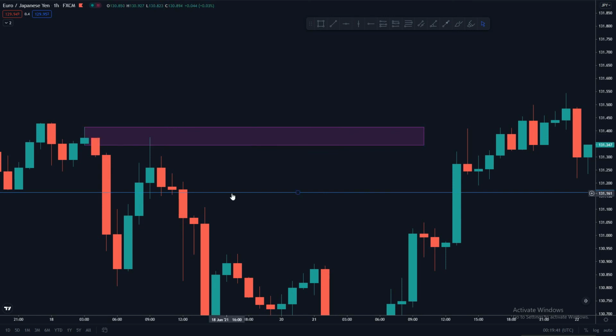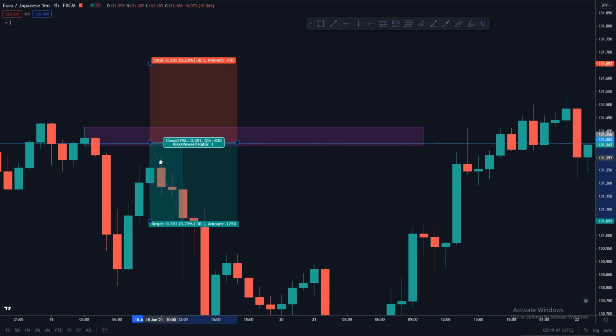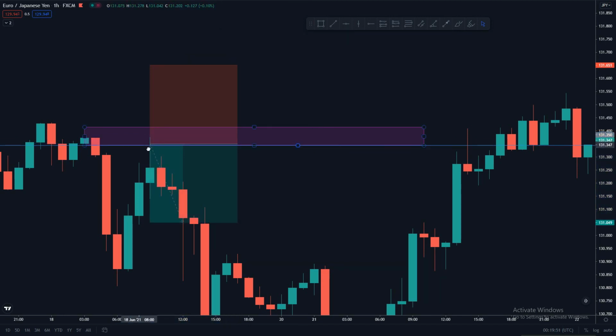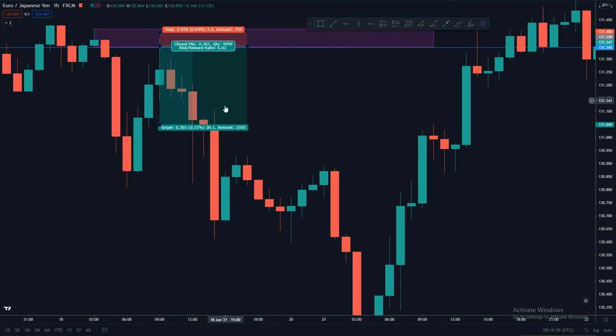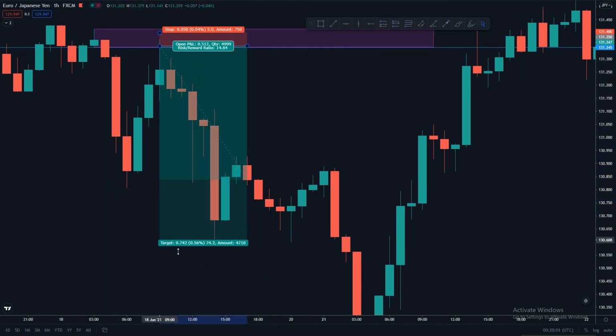What happened here? The market came back. If I have my 5 pip stop loss and I get triggered in right at the beginning here, what's up? Here we go, 5 pip stop loss and my 1 to 10 risk to reward ratio.